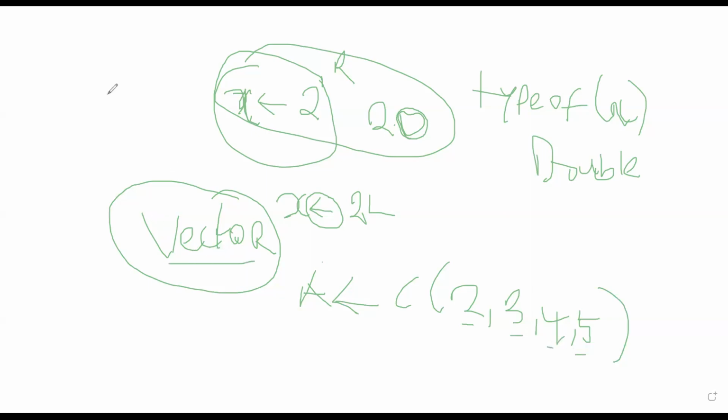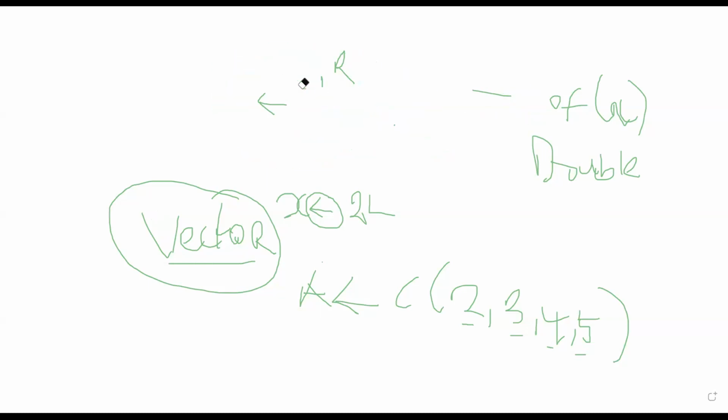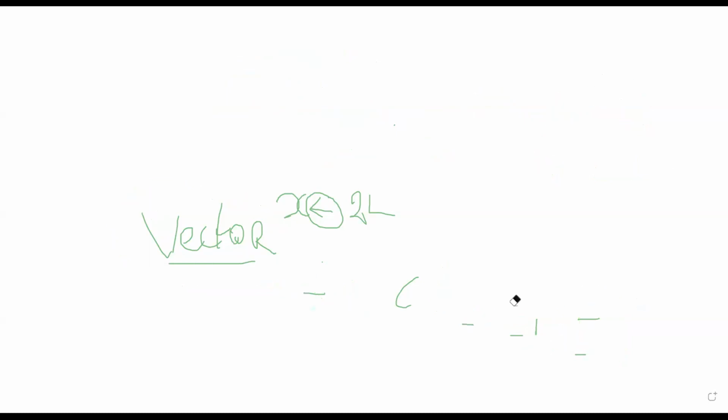And we have vector and we have matrix. The way you see your matrix in mathematics, you see 3 times 2, something like 1, 2, 3, 4, 5, and 6.